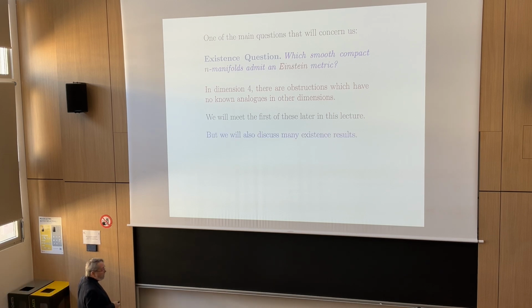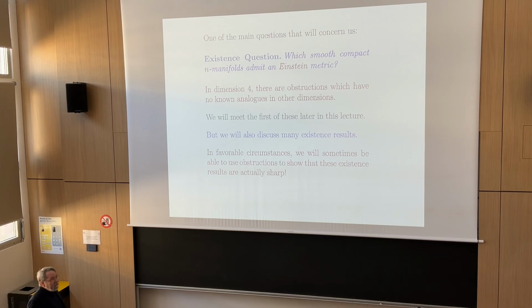But we will also discuss many existence results where we'll see interesting classes of four-manifolds do admit Einstein metrics. And in the best of circumstances, it'll turn out that these non-existence statements and existence statements are essentially complementary. So there will be classes of manifolds where we'll be able to tell exactly which of them admit Einstein metrics.